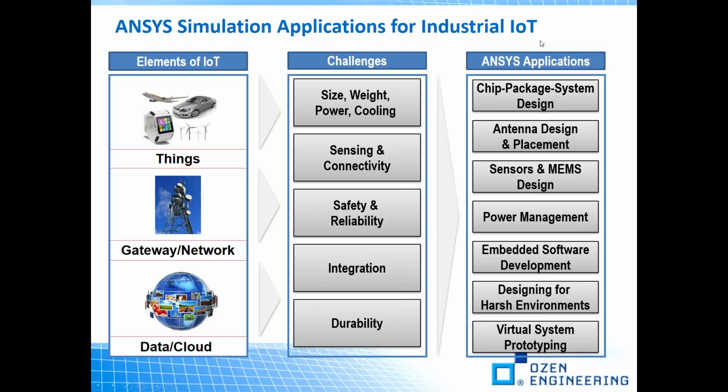These are the applications where ANSYS can help you design your smart product: chip package system design, antenna design and placement, sensors and MEMS, power management, embedded software development, designing for harsh environments, and virtual prototyping. But today our focus is on antenna design and placement or integration in a platform. We want to see how ANSYS HFSS can help us with that application.